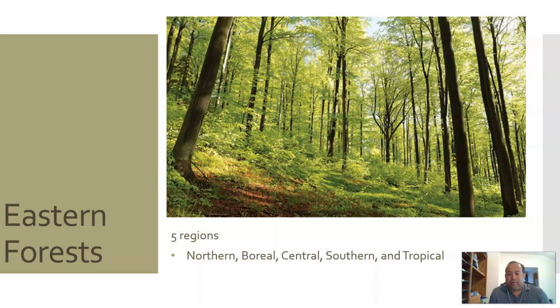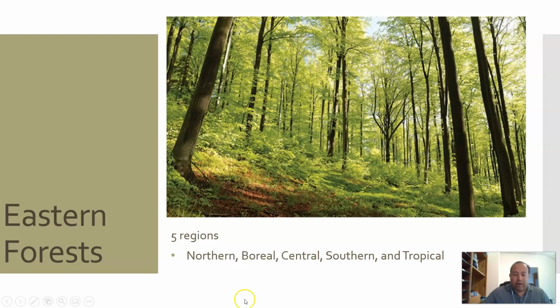So let's start off with the east. The east, you could break up into smaller regions. I'm going to keep it the way that it is in your book, because that way it's much easier for you to understand. But if we were going by the Society of American Foresters cover types, they would break it down into 5 regions within the eastern forest.